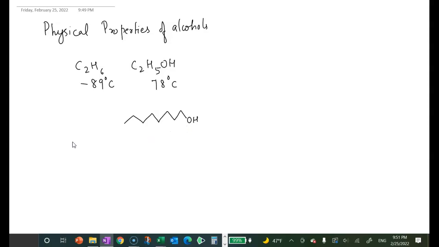Another important property of alcohols is their acidity, meaning they can behave as acids. Both alcohol and phenol can behave as acids.